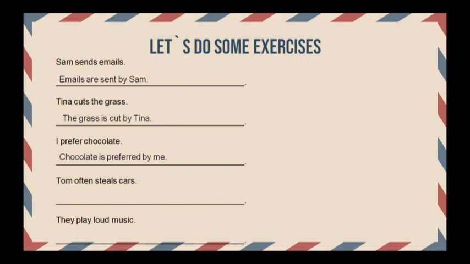Okay, let's see the next one. Tom often steals cars. Okay, that's not very nice. But this sentence says Tom often steals cars. So here Tom is a subject, steals is a verb, and cars, that is an object. And what is often?